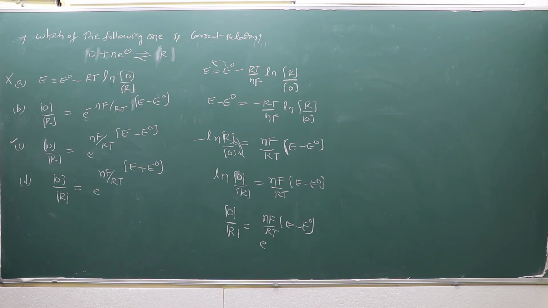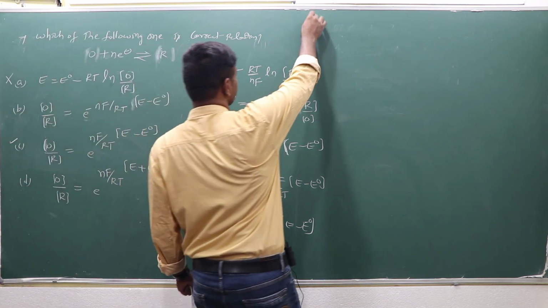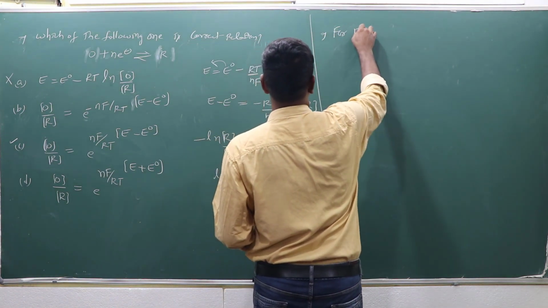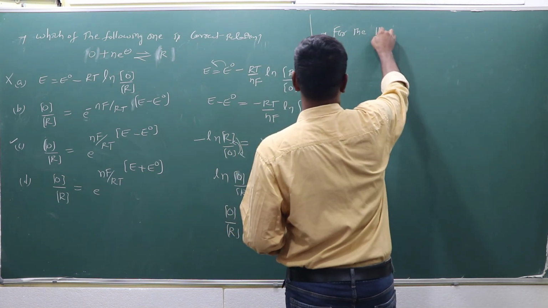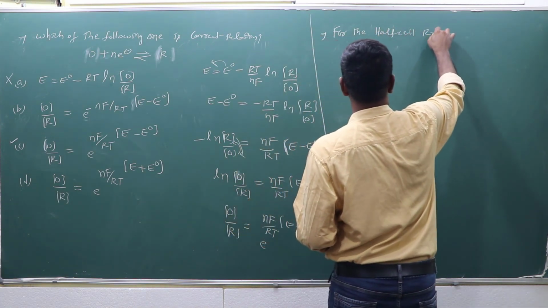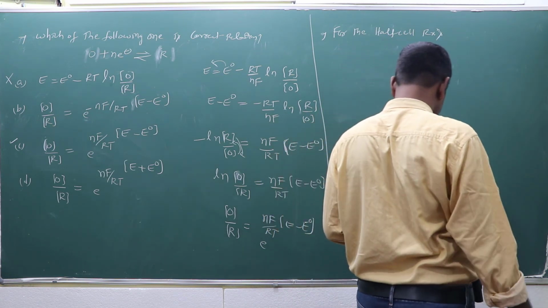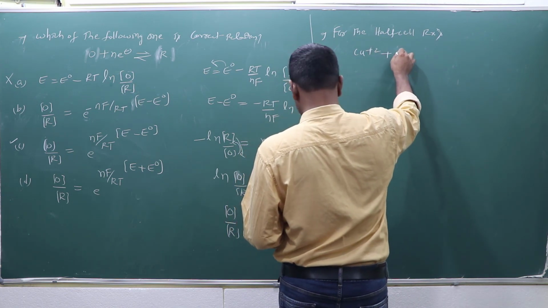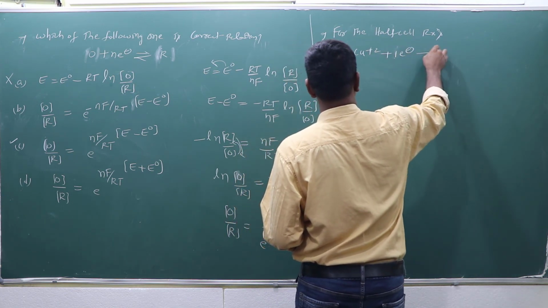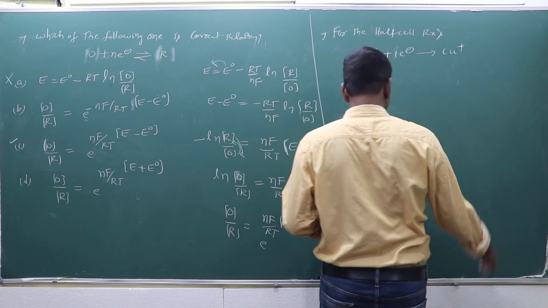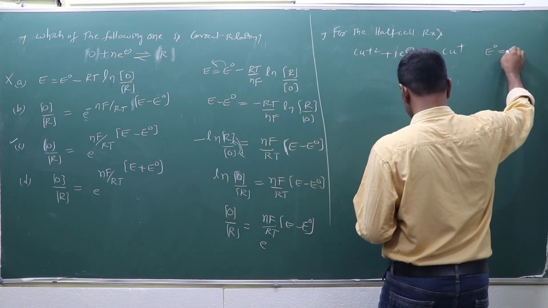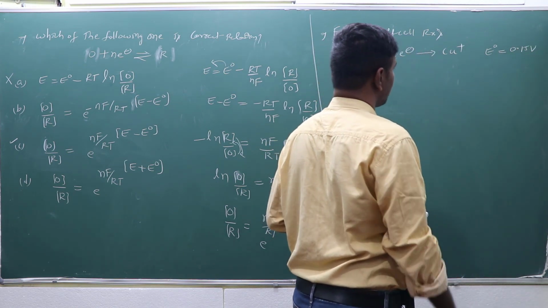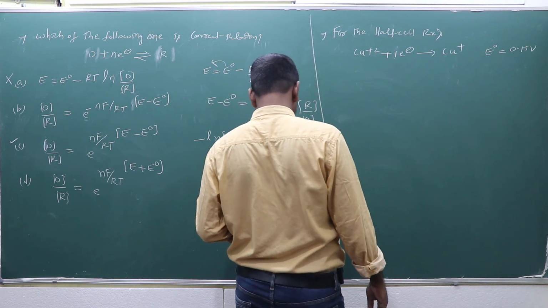Next, another previous question, write that. For the following half cell reactions: Cu2+ plus 1 electron goes to Cu+, with E0 of the standard reduction potential 0.15 volts.